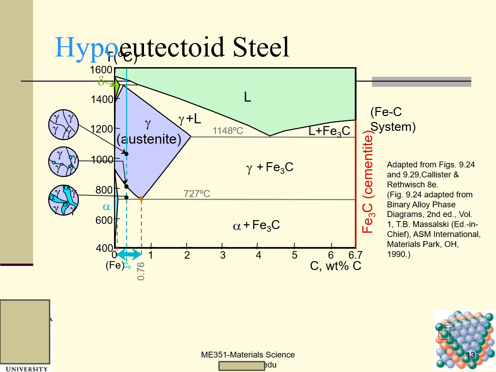Here is the alpha. We go down, and here is alpha. So this is the big alpha, and you can see other layers of alpha, and this is called the pearlite. This pearlite is embedded with this larger primary alpha.